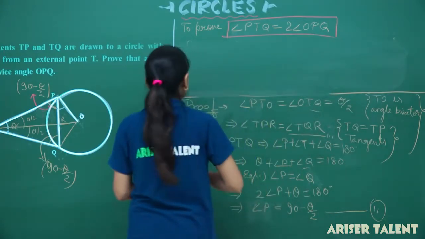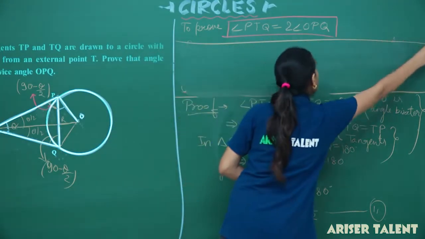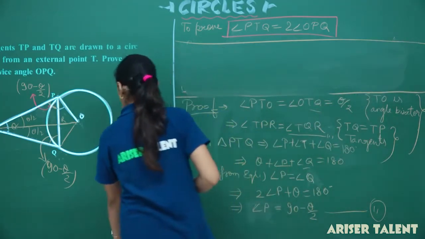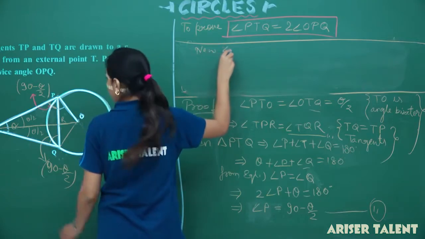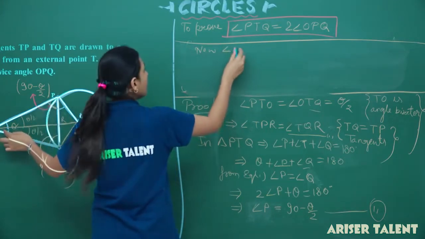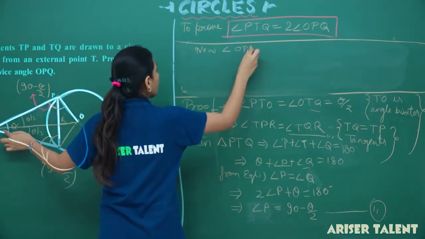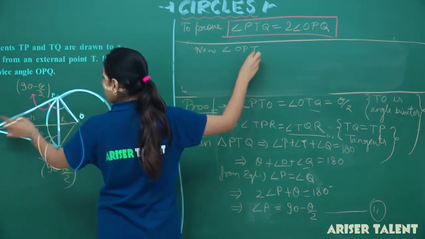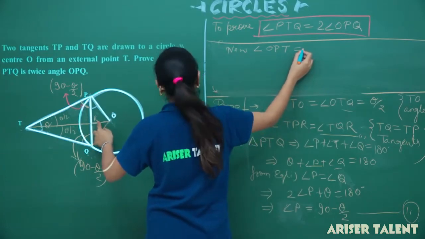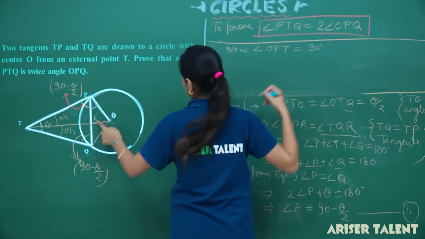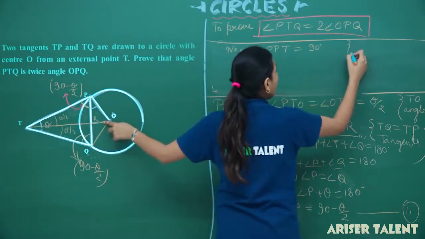Okay, students. So now what will I have? I will simply have angle OPT equals 90 degrees, right? Why?